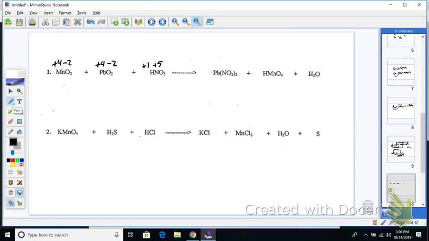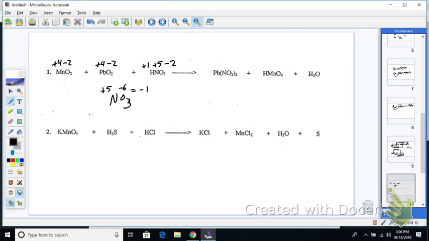So for NO3, you don't put plus or minus 1, you gotta have everything. So you got NO3, and remember, Friday we made that equal to a minus 1. So this is a minus 6 total. I'm just doing the total. So then nitrogen has to be a plus 5.